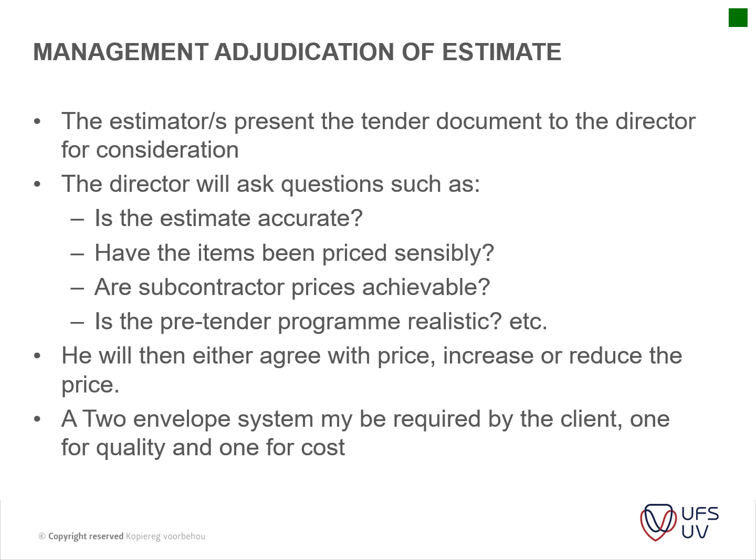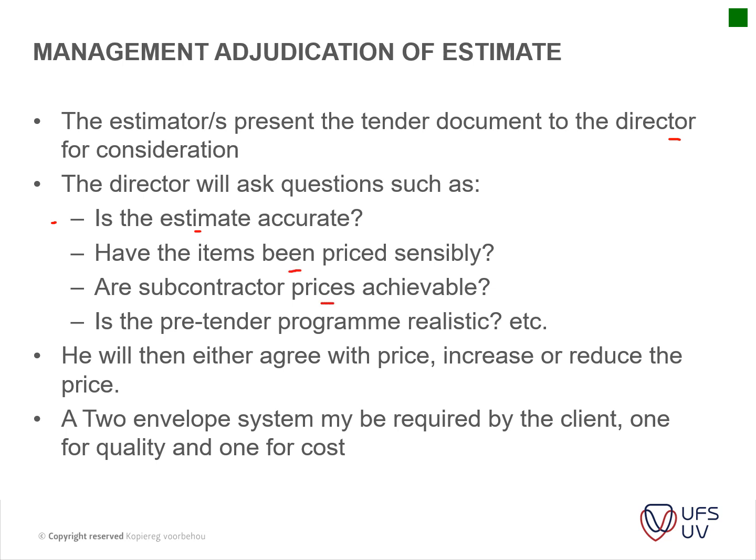Management and adjudication of your estimate. The estimator presents the tender documents to the contractor's director for his consideration. The director will ask the following questions: is the estimate accurate? Does the cost given to him make sense? Have the items been priced sensibly?